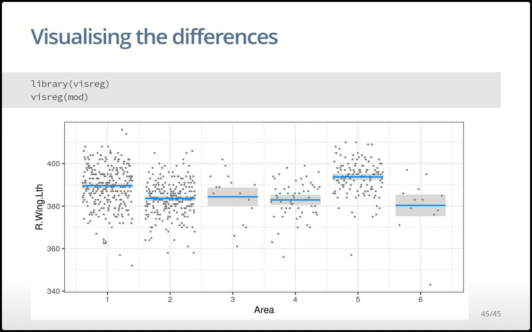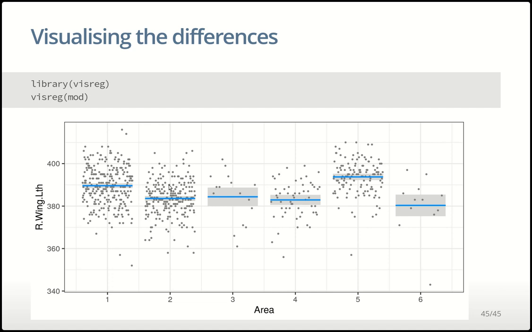And then the dots are where the observations are. You can see the groups with very large uncertainty have fewer points, which makes sense. The ones with lots and lots of points have low uncertainty, which again makes sense.